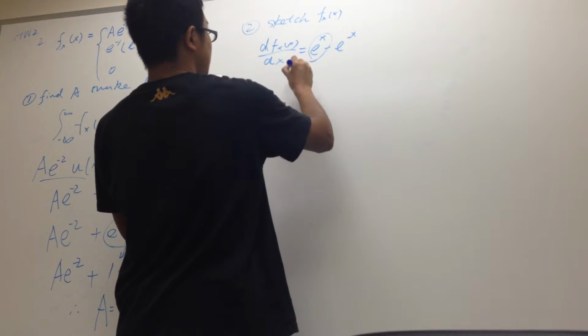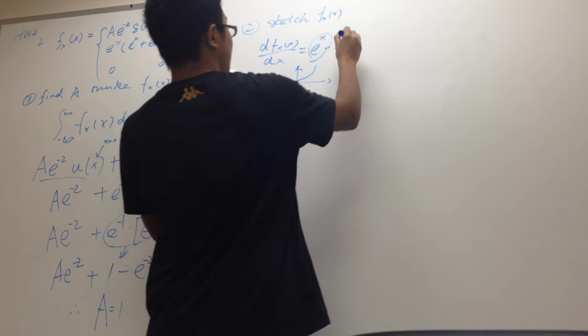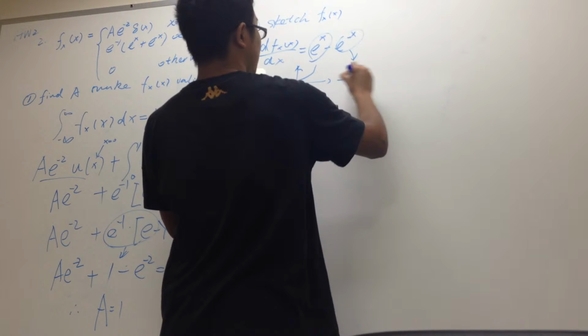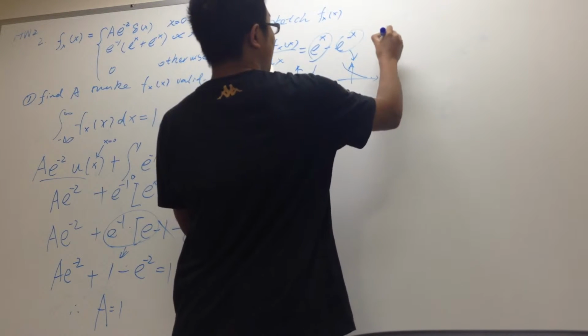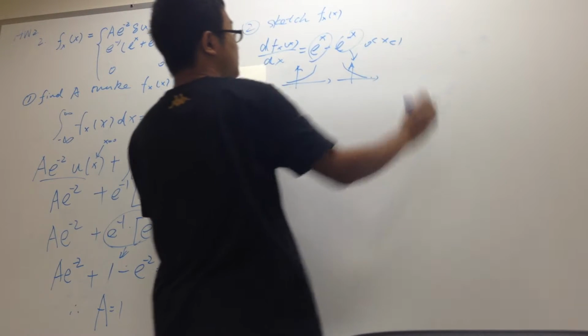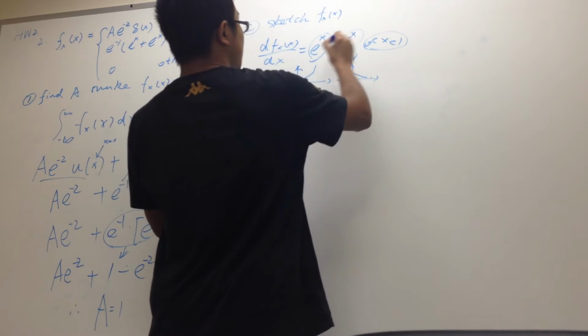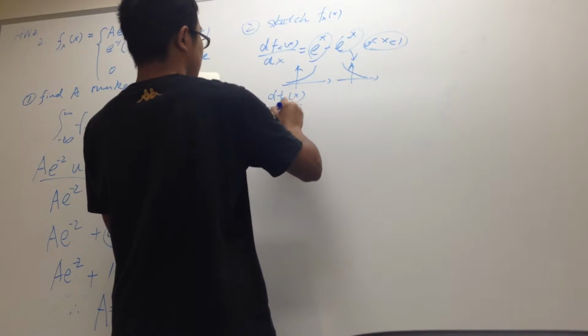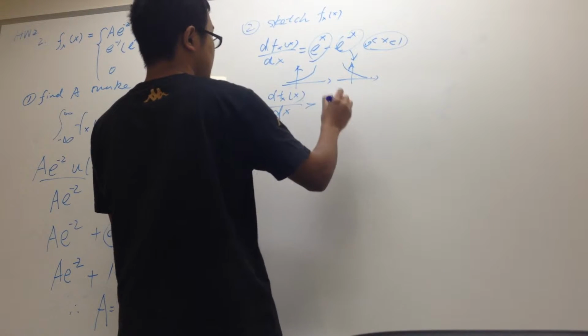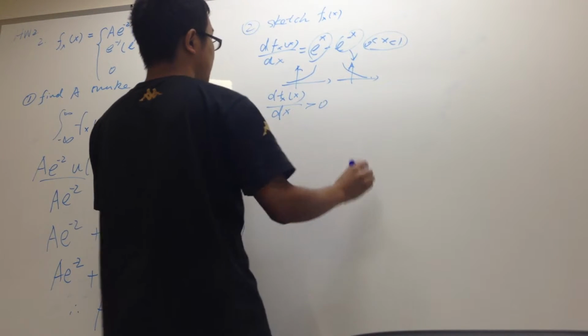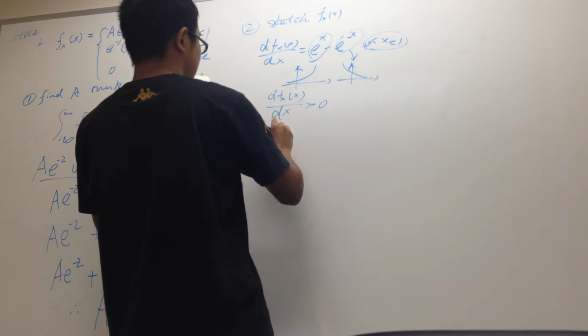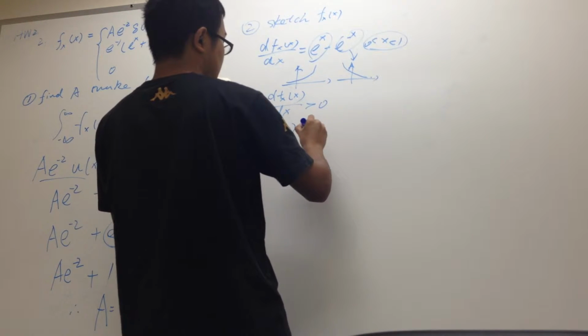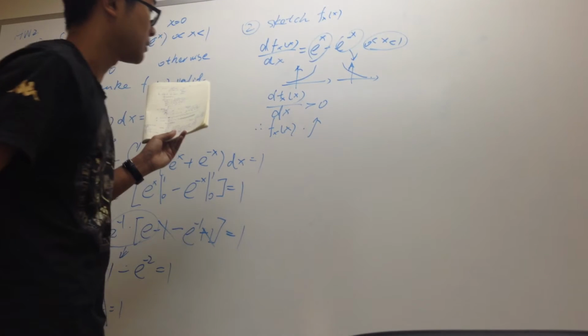We see this function is like this, and this function is like this, but x is between 0 and 1. So df_X(x)/dx is more than 0, so this function is monotone increasing.